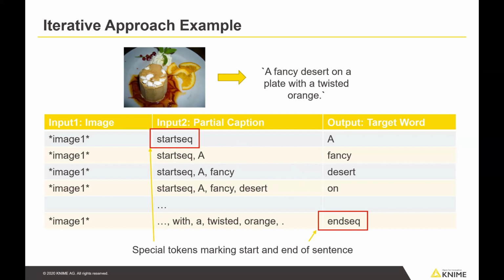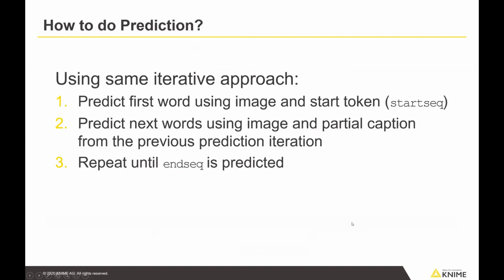For this, we can input it just with the start token, such that the network knows a new sentence begins. And to know when we are done with the prediction, we need this end token. So we will keep predicting until this end token is predicted.